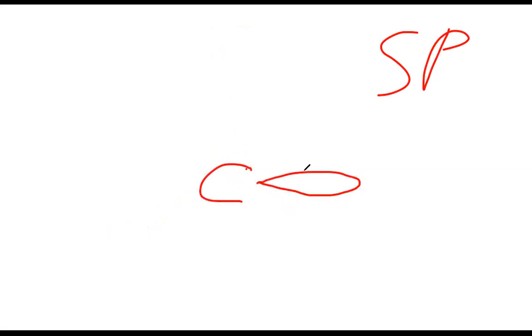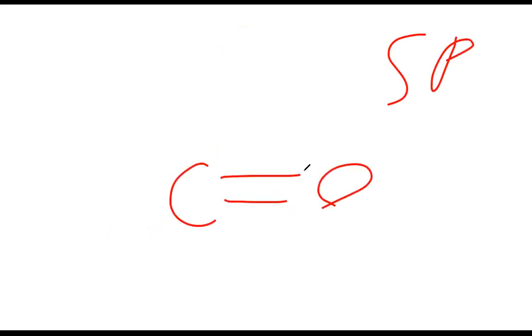Okay, and then let's talk about something that's going to be sp hybridized, 1 s and 1 p. So the way to do this is CO2. So CO2, I'll just draw it straight. So sp, you've got C double bond O, double bond O. And here's what that represents.